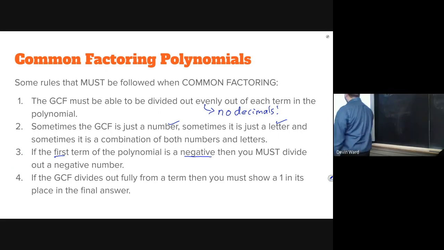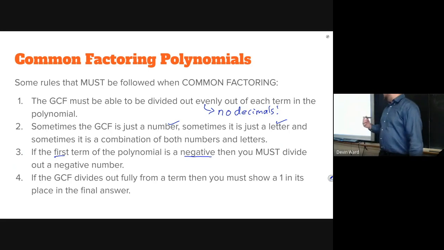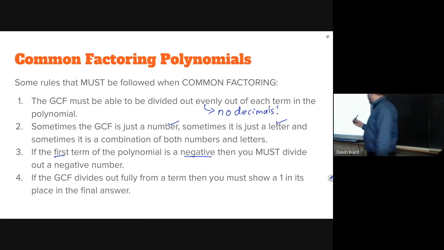If the greatest common factor divides fully out of the term, then you must show a 1 in this place as your final answer, so it doesn't become 0.